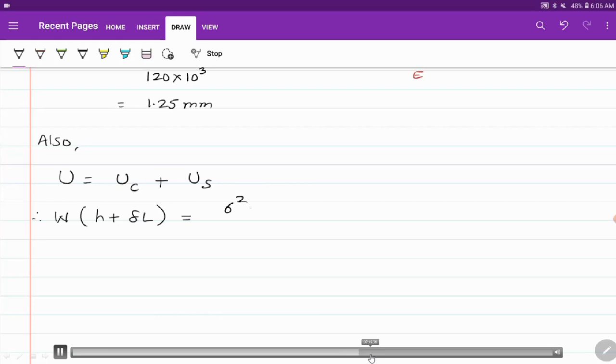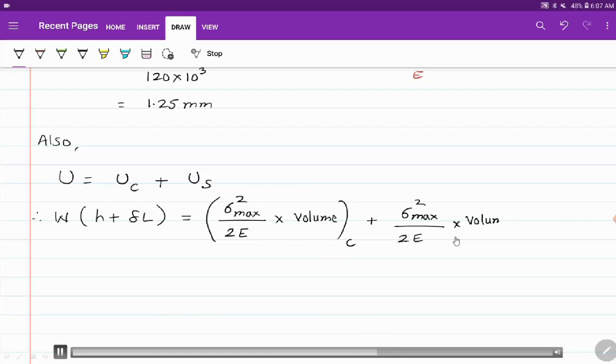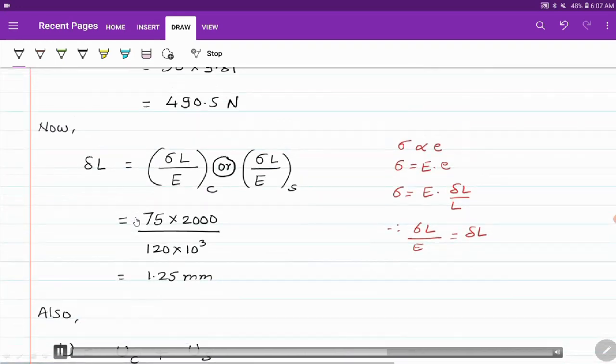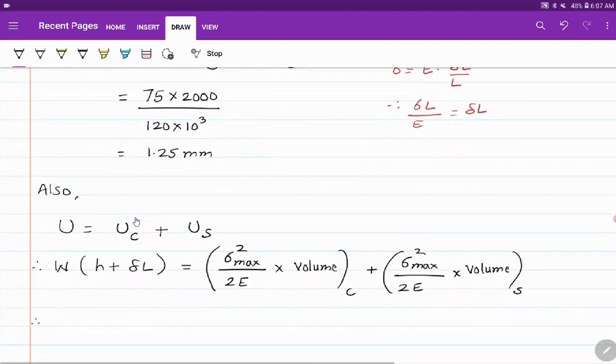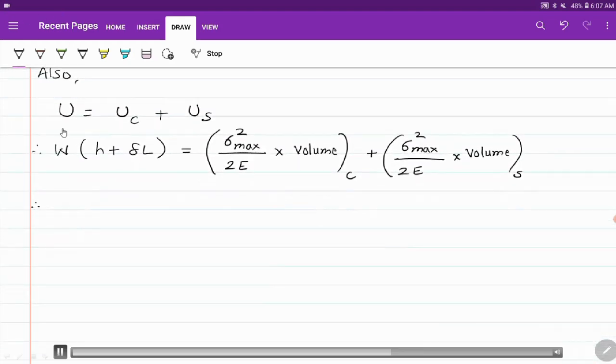Strain energy stored will be strain energy stored by the copper plus strain energy stored by the steel. As copper and steel are the two materials, they will store different strain energy. So total strain energy is W into delta, or W into, in place of delta, it is h plus delta L. So strain energy is W into delta, and in place of deformation it is the height through which it is falling plus the deformation of the bar that will take place.